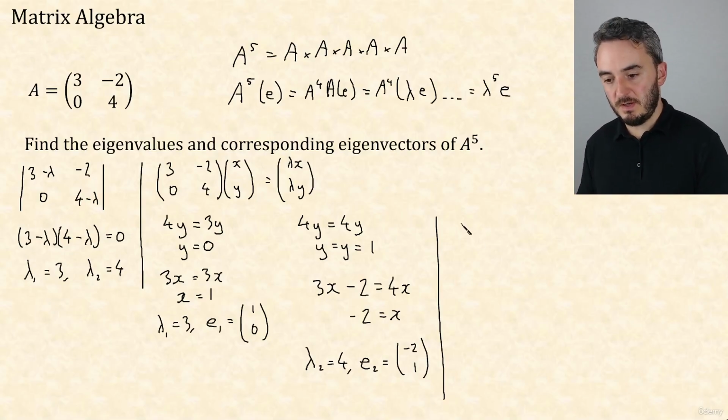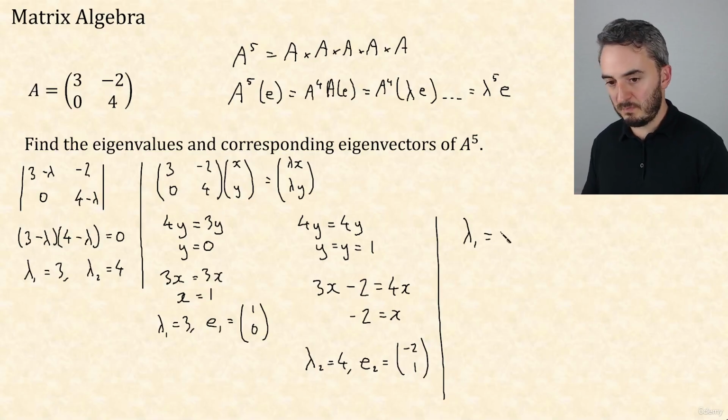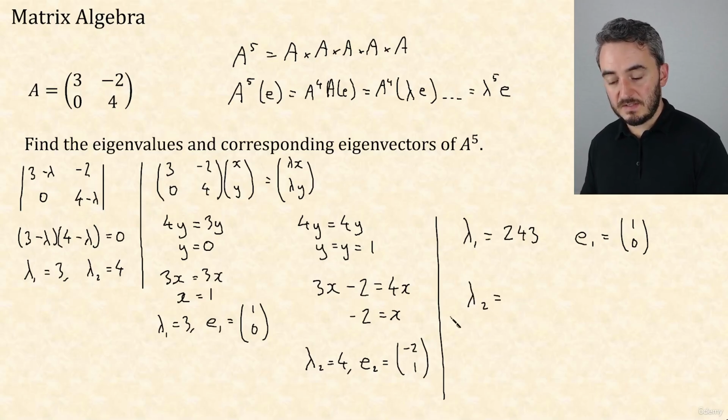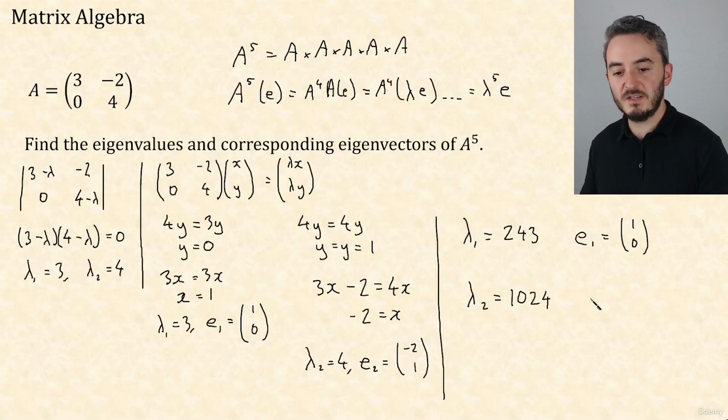So my first eigenvalue of this is 3 to the 5, and if I know my powers of 3, that's 243, with corresponding eigenvector unchanged. And I just need to do 4 to the power of 5, which, if I know my powers of 2, is that.